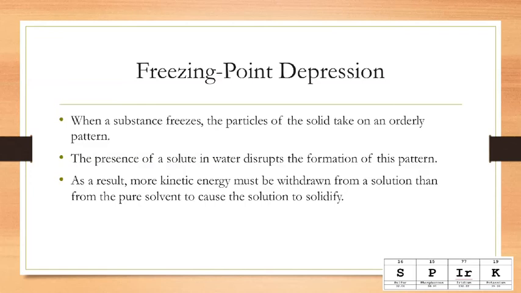Think about, we talked so much about hydrogen bonding and that hexagonal structure of ice. Those H2O molecules really have to slow down enough so that they can hydrogen bond to one another into their crystal. But when there's a solute particle involved, they get in the way and they disrupt that freezing. So this occurs at a lower temperature.